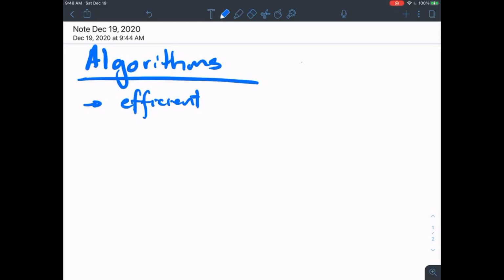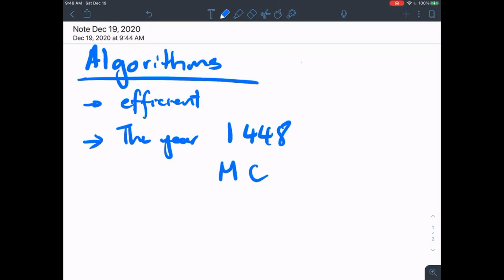Using Roman numerals. For example, if you wanted to represent the year 1448 in Roman numerals, you have to know that it can be that millennium, that 1000, and then you have to have 500, but you have to subtract.